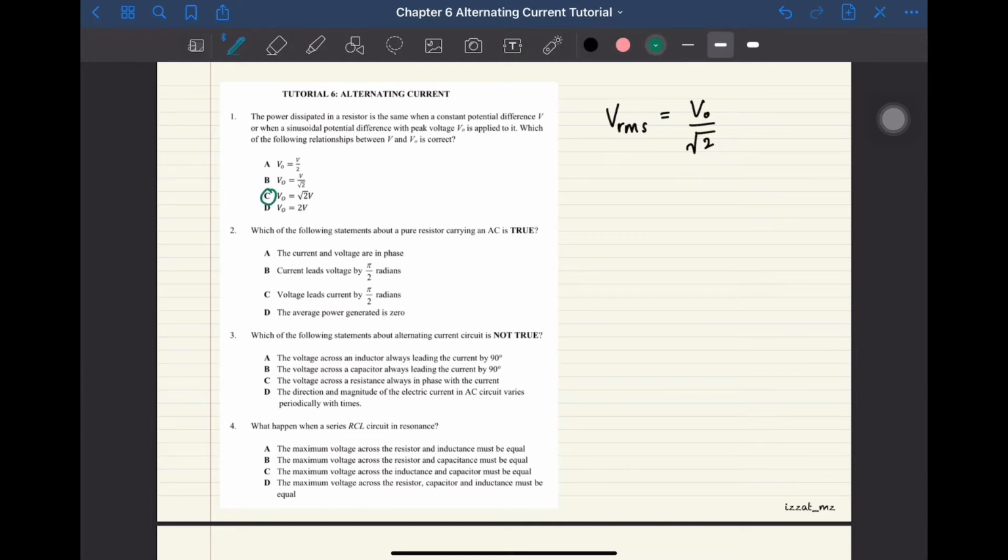Question number 2. Which of the following statements about a pure resistor carrying an AC is true? So basically you have a pure resistor circuit. You can try to draw a little bit. Let's say you have a resistor and power supply there.